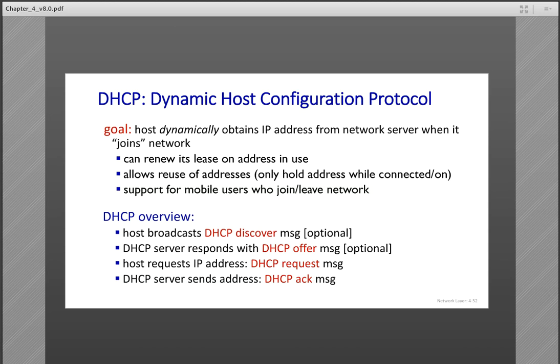Or maybe the host asks, for example, to renew its current IP address or reuse an IP address again, or some systems are mobile IP systems, mobile users. So when they visit my network, I should give them an IP address in the range of my network.